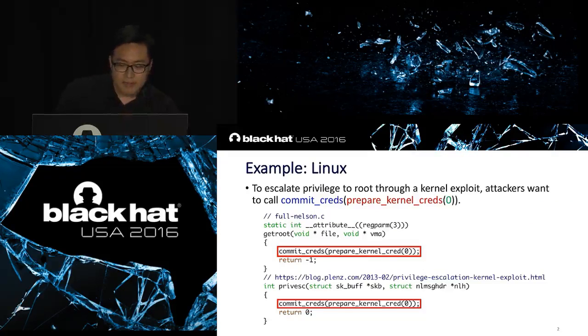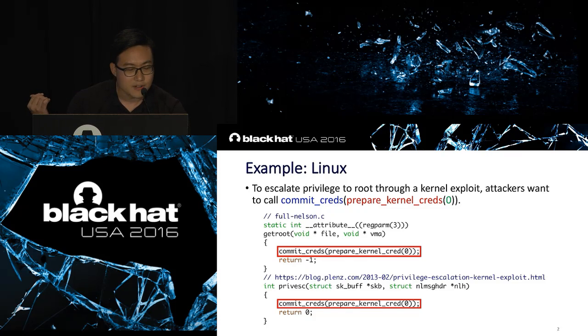Let's take an example of how kernel ASLR makes an effective defense against exploits. In Linux, on launching a privilege escalation attack through a kernel exploit, the attacker might try to call two functions. One is prepare_kernel_cred with 0 to prepare root credentials, and the other is commit_creds, which makes the current user a root user.